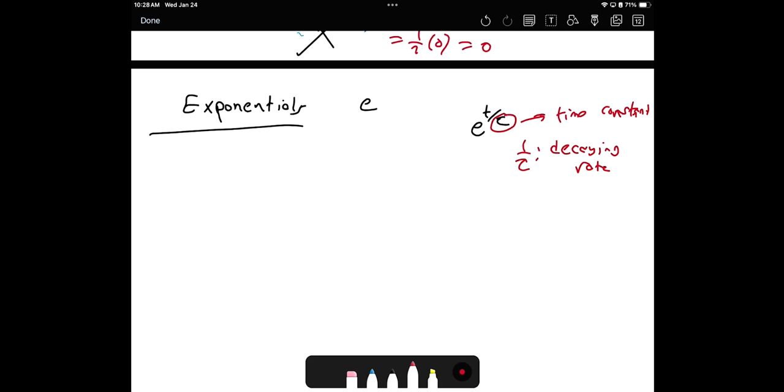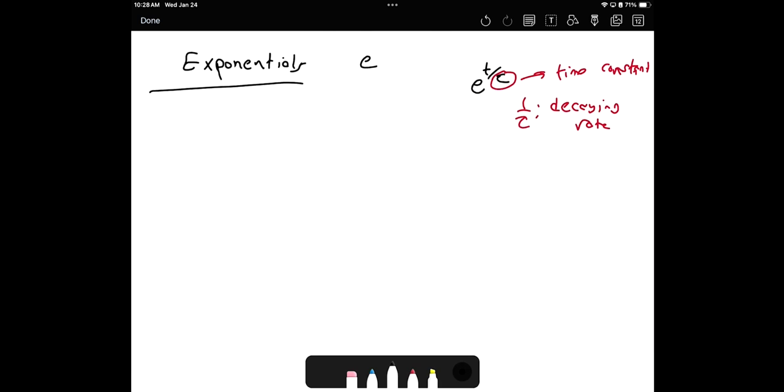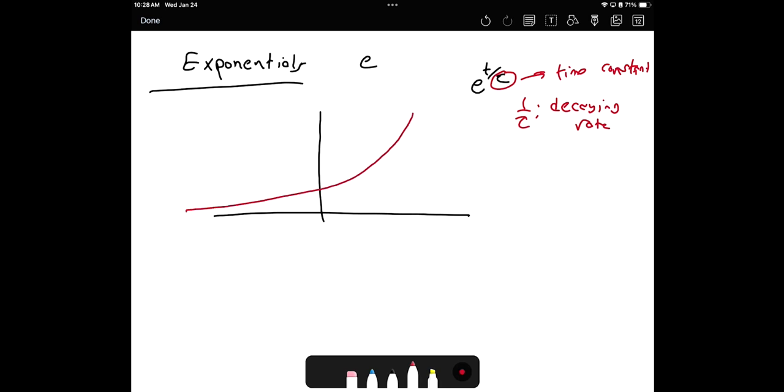So when we have the exponential, here is the first scenario. E power t over tau. That's how the exponential is growing. Such that at t equal negative infinity, the exponential equal to 0, while at t equal infinity, the exponential will be infinity.